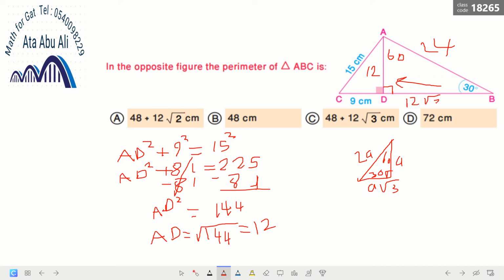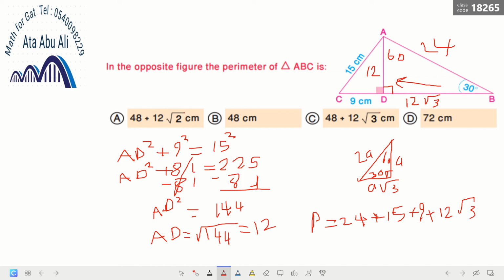Now if I want to find the perimeter, I have to add all the sides. So the perimeter is equal to 24 plus 15 plus 9 plus 12 square root of 3.